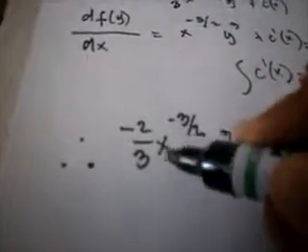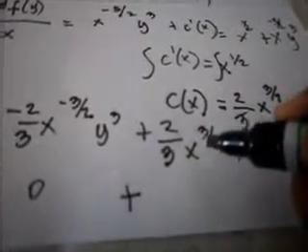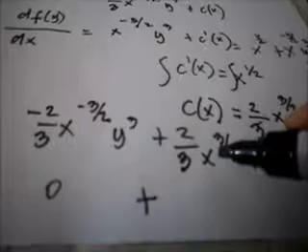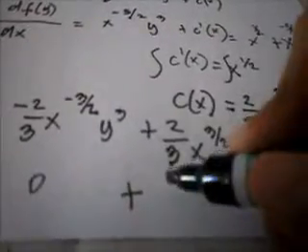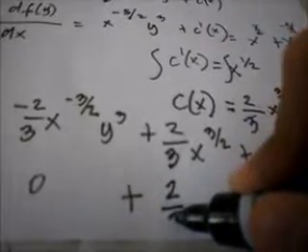The first term will just be 0, plus 1 to the 3 halves, which is just 1, so we have 2/3.